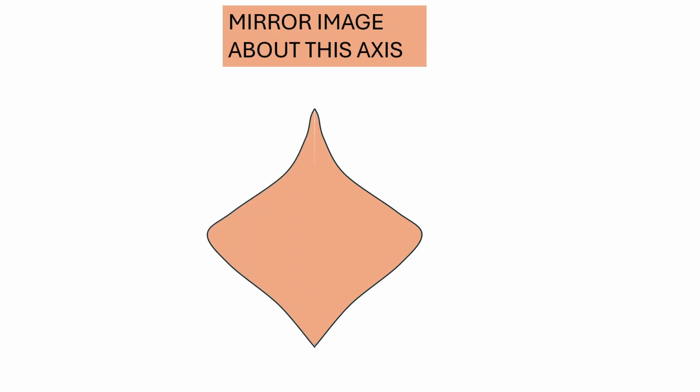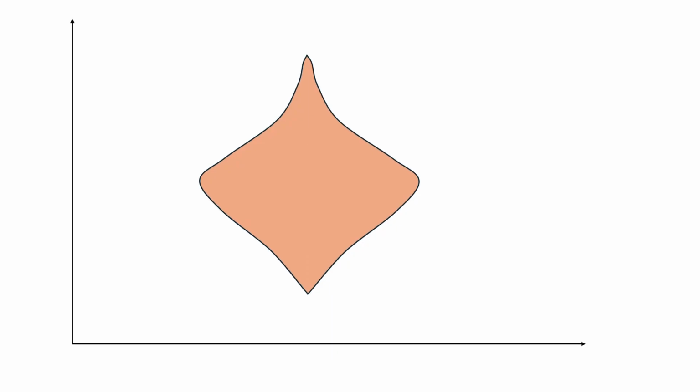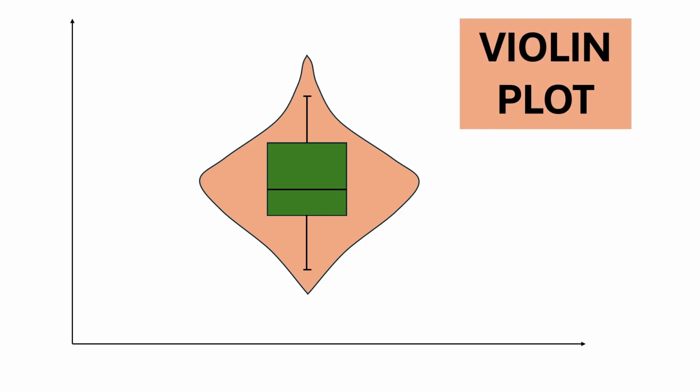Then the next step is you draw the box plot of the same numerical dataset, and then you insert this box plot inside this modified KDE curve that we got, and hence you get your Violin plot. Cool. So whatever information about a numerical dataset is given by a box plot and a KDE plot will be given by a Violin plot in a single view.